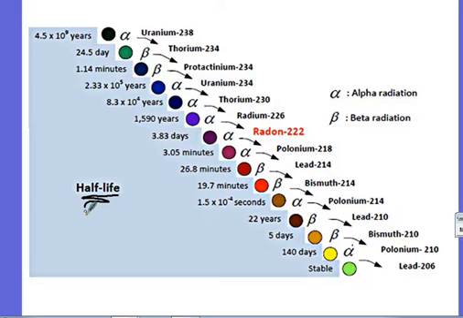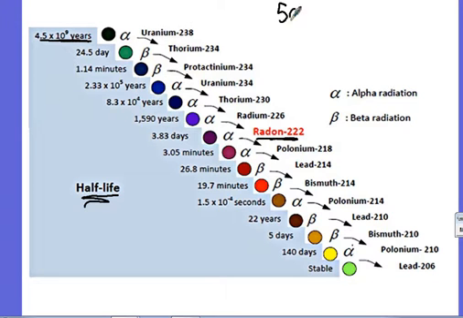So for example, if I have uranium-238 and I start with 100 grams of that, it's going to take 4.5 times 10 to the 9 years to leave me with 50 grams of uranium-238. If I look at something with a shorter half-life, like radon-222, it has a half-life of 3.83 days.